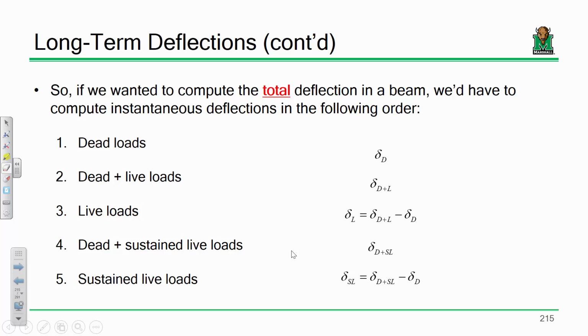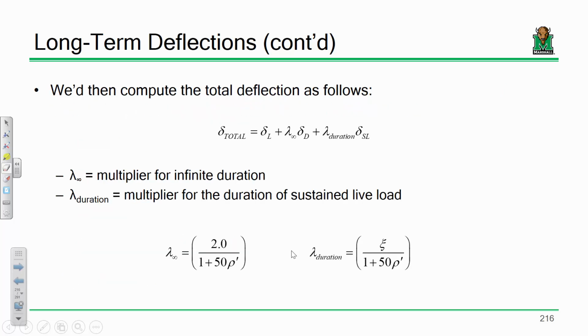To get the absolute total deflection in the beam, we're going to take our instantaneous live load deflection and adjust it by 2 quantities. The first is our dead load deflection that has been modified for time. Look at my time duration factor.